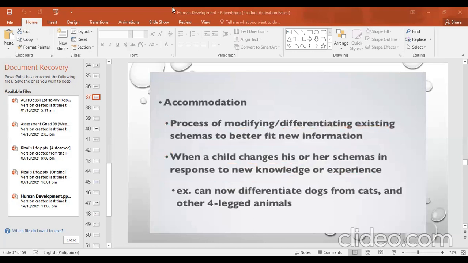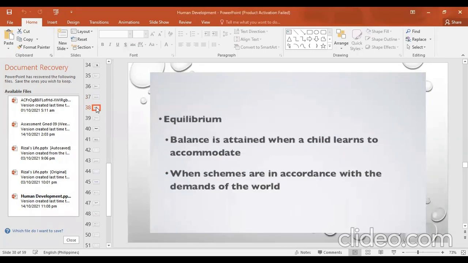So next we have equilibrium. Jean Piaget believed in a natural need to understand how the world works, to find order, the structure that we have, and also predictability.